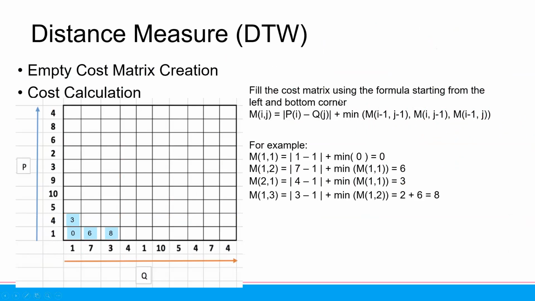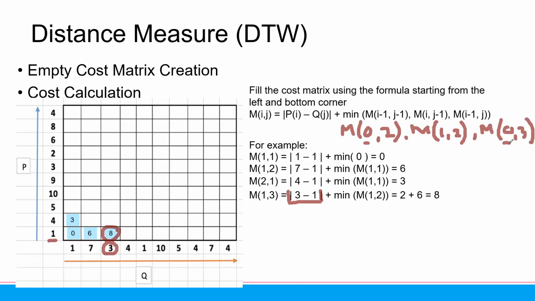Now next we have M1,3. Again, we are going to check the subtraction, 3 minus 1, absolute value, plus the minimum of M0,2, M1,2, and M0,3. For the ones with 0, we don't have data, but we have the data for M1,2.